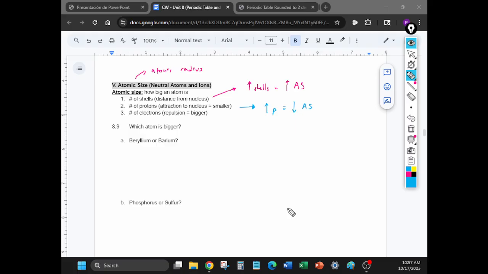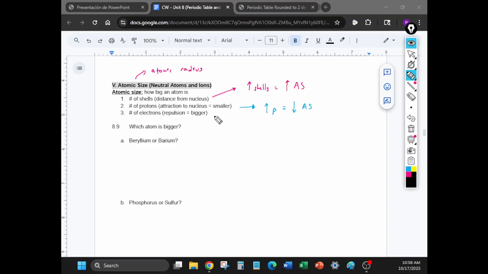So don't be like, Mr. Barium has more protons than hydrogen, so it should be smaller. No, the shells are the most important thing. And when you're in the same row, the protons are going to make the atom smaller. Like sodium has a higher size than phosphorus. Yes, correct. Same row.